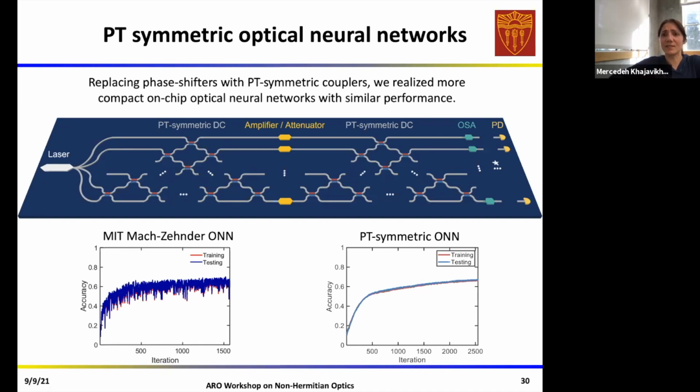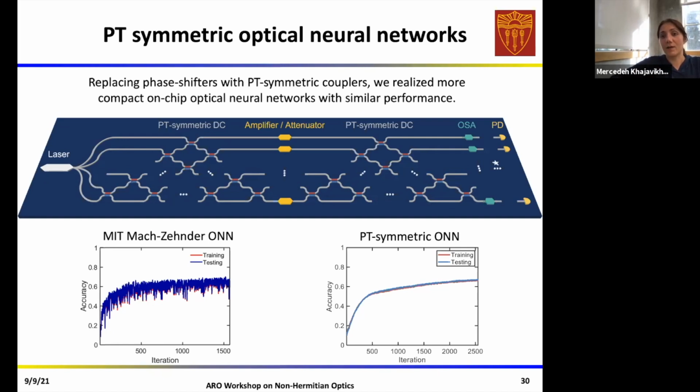Most of these networks work based on a very nice theoretical foundation: we can in fact implement any type of matrix using what is known as SVD, or singular value decomposition. We can decompose the matrix into 3 matrices.